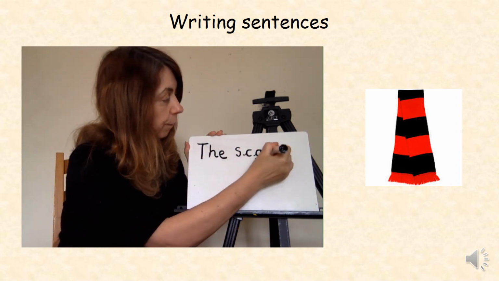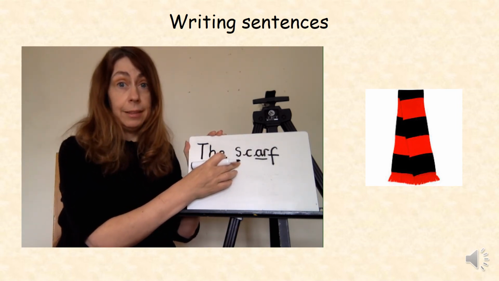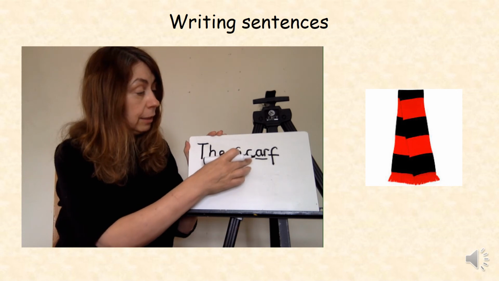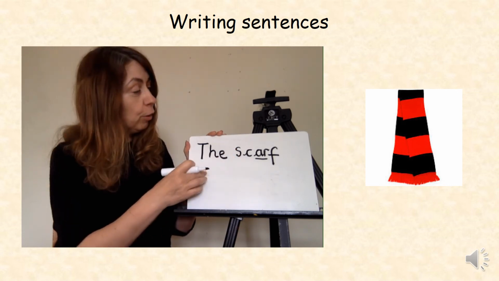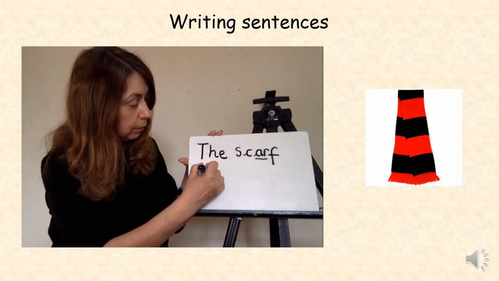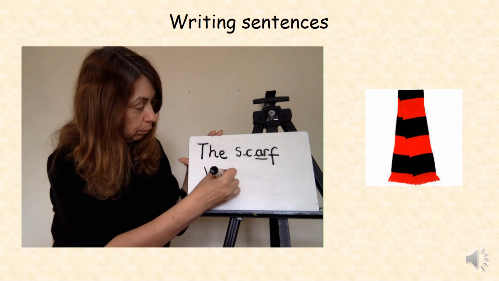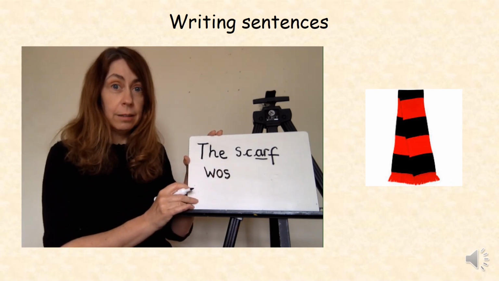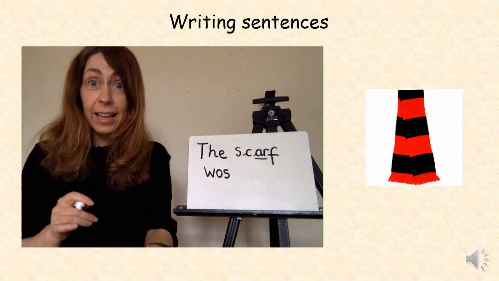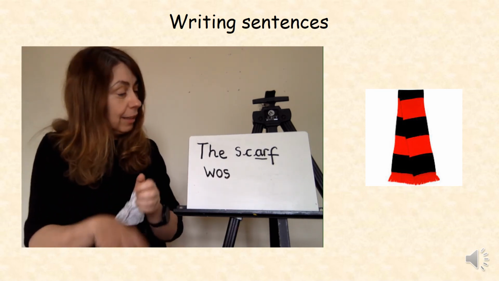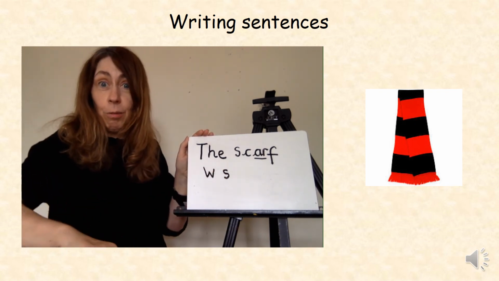S-k-a-f. Scarf. Did you remember that's an sk word? Did you remember to write the letter C and not a G? Well done. The scarf was... Have I written that right? Oh, the O should be an A, because the A is trying to be an O, isn't it? So I'll change it to an A. That's the tricky bit of the word, isn't it?